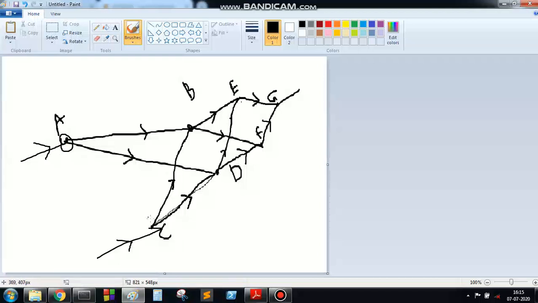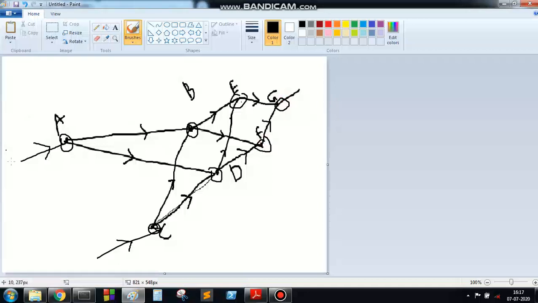Here also, whenever an input comes to this point, after performing some operation, it will split in this number of ways. Similarly, each node performs a certain type of operation. So this is all about a graph.